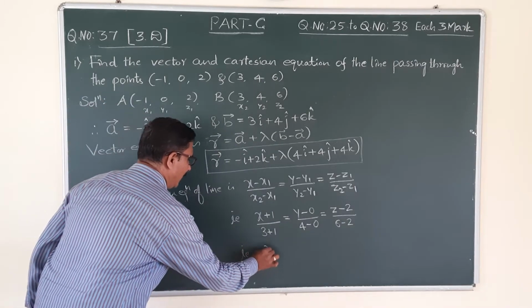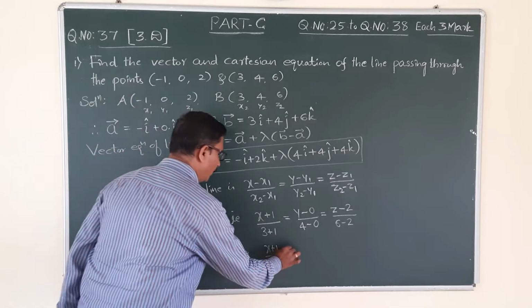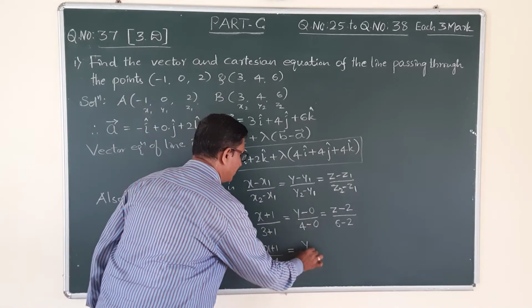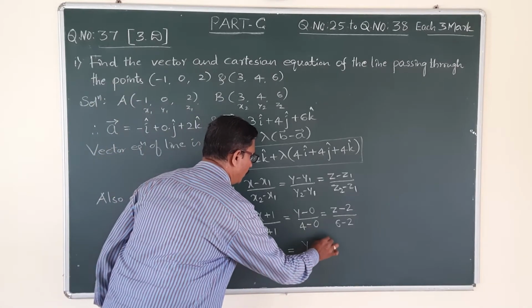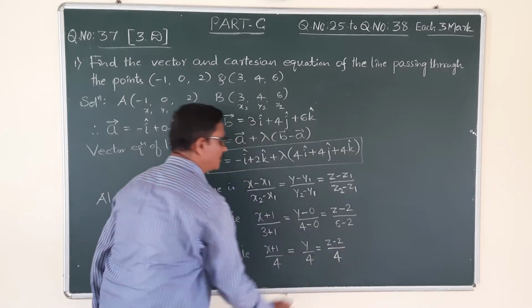Simplify: (x plus 1) divided by (3 plus 1) which is 4, is equal to (y minus 0), that is y, divided by 4, is equal to (z minus 2) divided by (6 minus 2), which is 4.